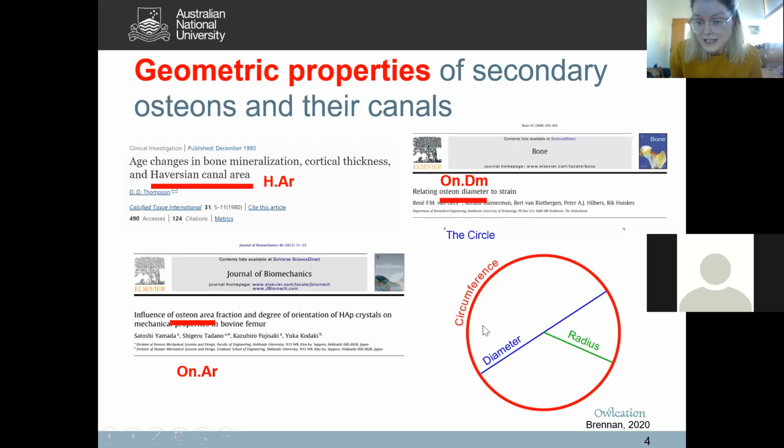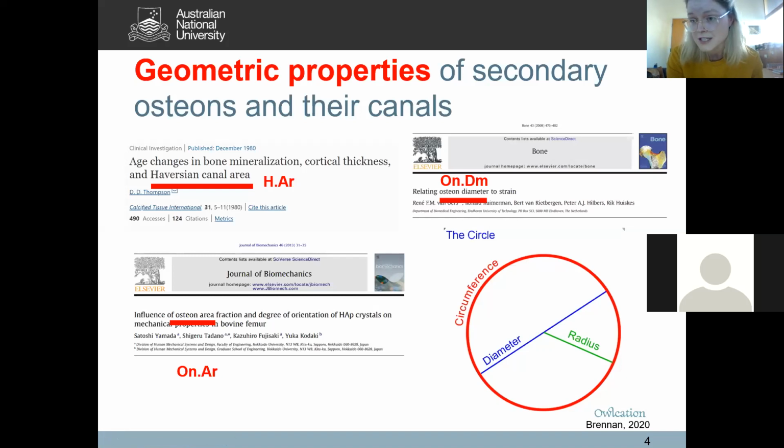We look at the entire area, which we would report in microns squared, or things like diameter. If you want to know the width of the secondary osteon, we wouldn't really look at the radius, just clarifying.